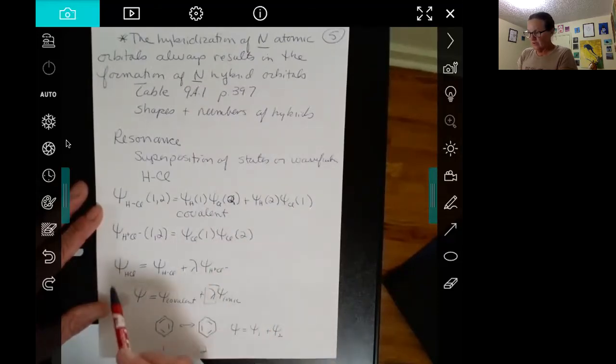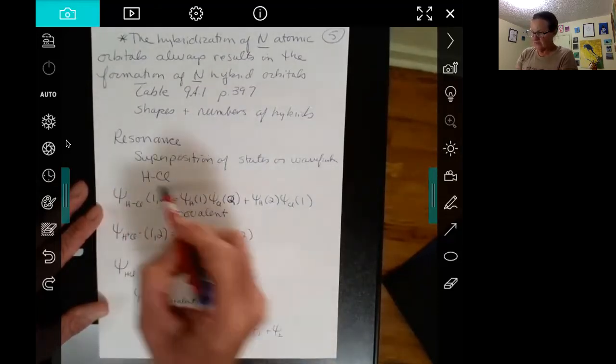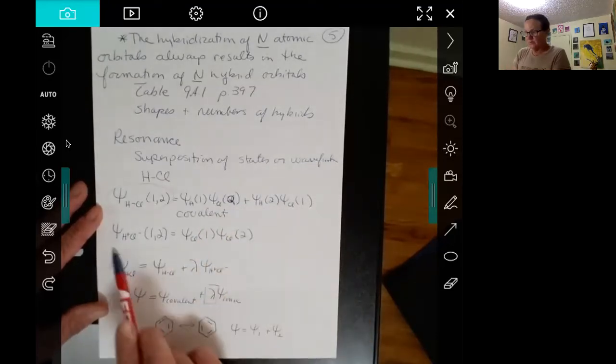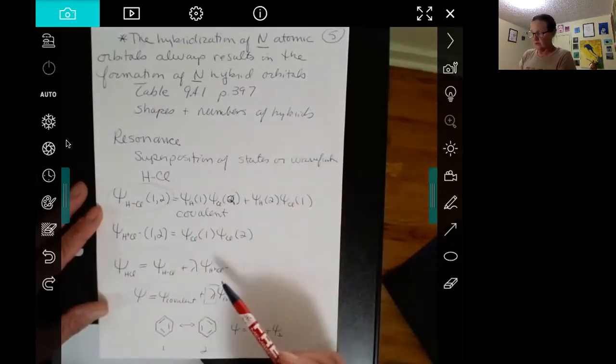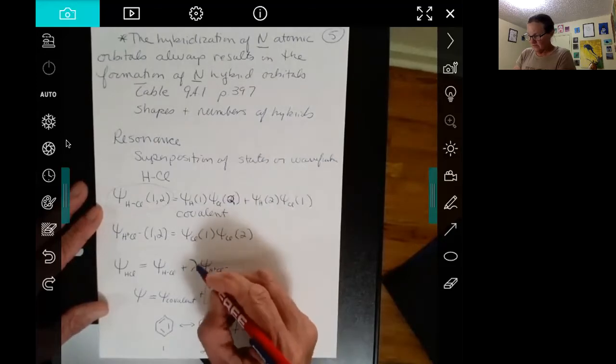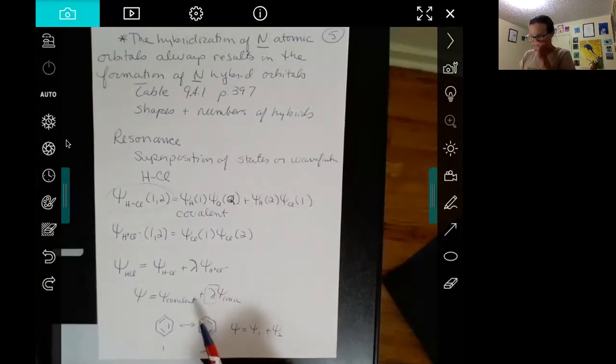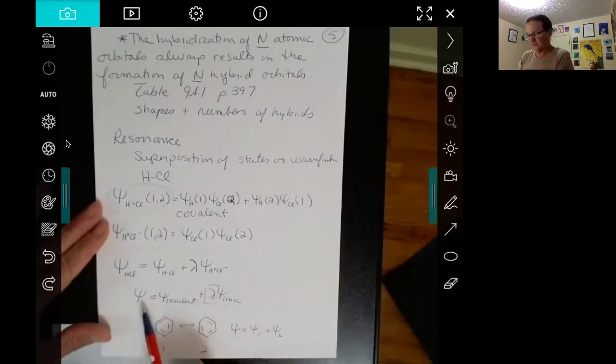So when you add these together, so if we add together this covalent part and then the part that's ionic wave function, you can figure out the ionic character by calculating that lambda. And there are ways to do that within the molecular modeling software.